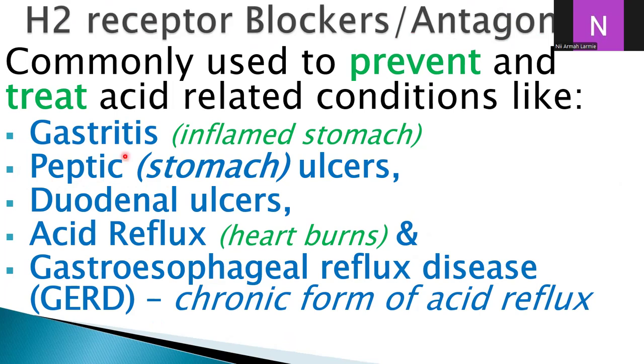But if you are hungry and there is pain, you eat and the pain subsides a little bit, you are probably looking at duodenal ulcer. But if you eat and the pain becomes worse, you are probably looking at peptic ulcer. And in both instances, we can use the tidines, H2 receptor blockers, to help our patients.